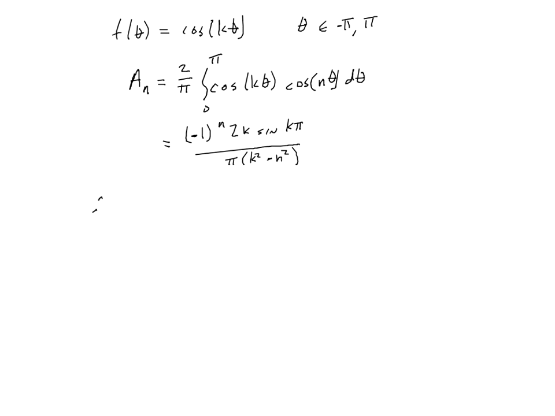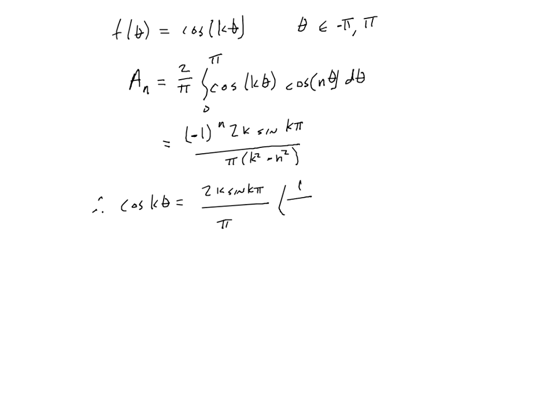And so what this is saying is that cosine of k theta is equal to 2k sine of k pi over pi, times, in the denominator, each of the different values of n going from n equals 0 to infinity.